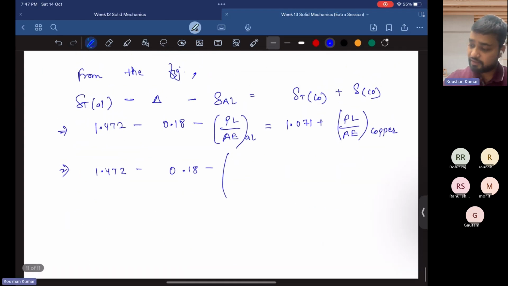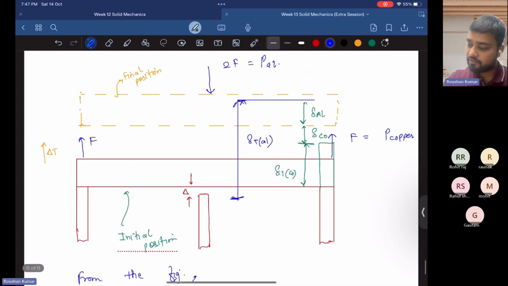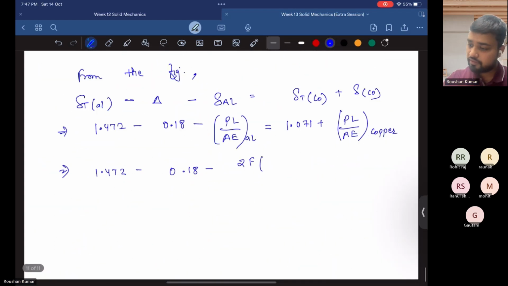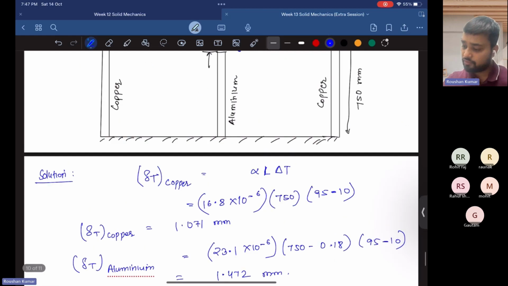So from here, we can see that 2F into length. What is the length of the aluminum bar? It is 750 minus 0.18 mm, upon area. Area is also given in the question.